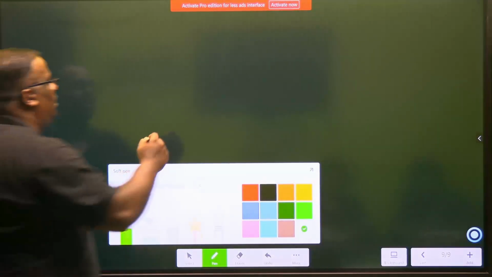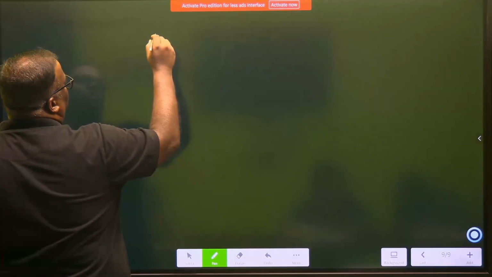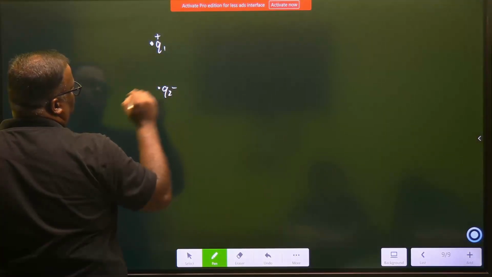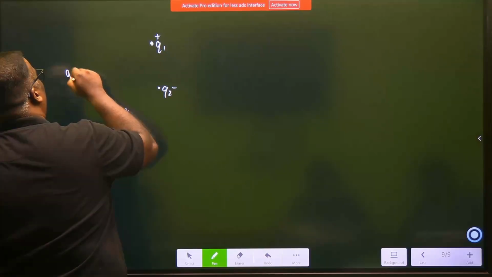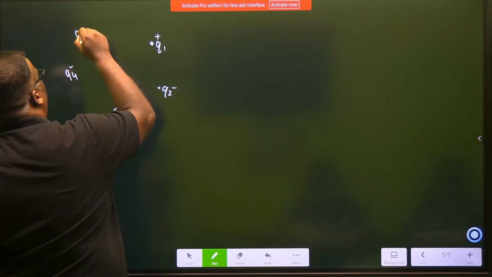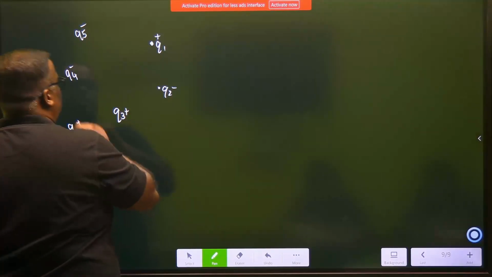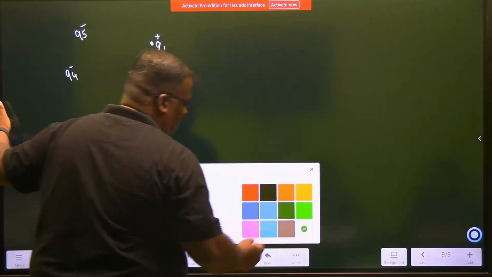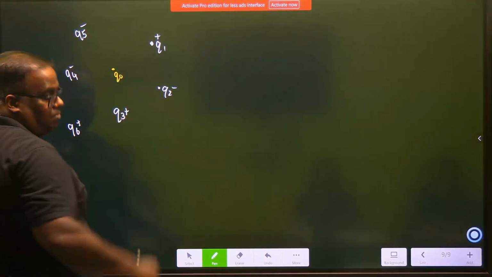Suppose you have a charge Q1, which is positive, Q2, which is negative, Q3, which is positive, Q4, which is negative, Q5, which is also negative, and Q6, which is positive. Now this is called a system of charges. And your test charge is somewhere here, Q0.